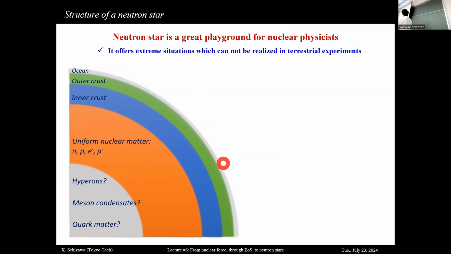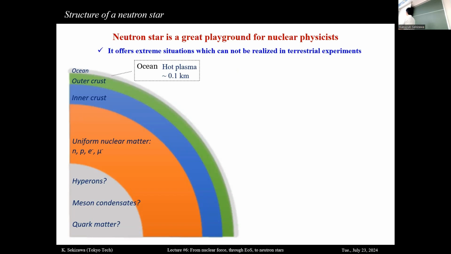I'd like to mention here that inside the neutron star, we have a low density region at the surface, but as we go from the surface to the deep inside of the neutron star, the density increases and it can exceed the nuclear saturation density. So we have a range of density regions inside the neutron star which cannot be studied with terrestrial experiments. So it is a great playground for nuclear physicists.